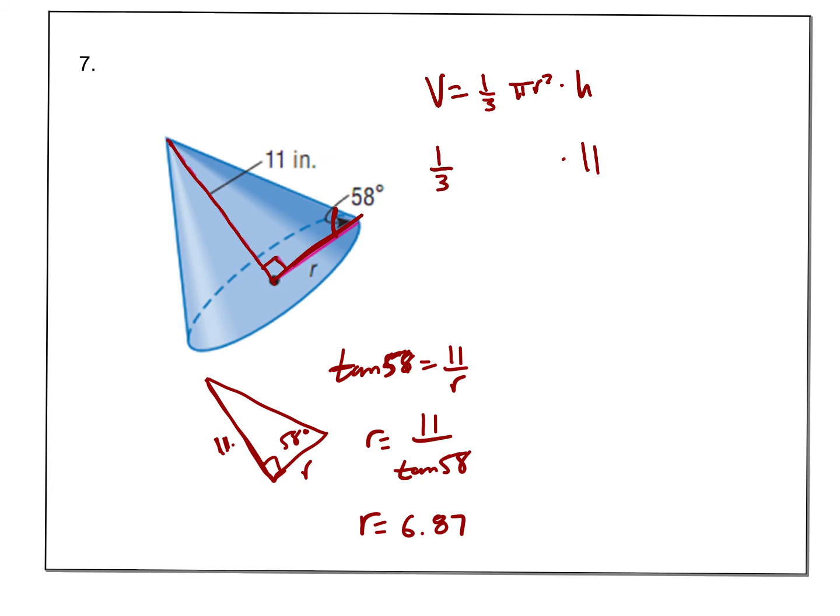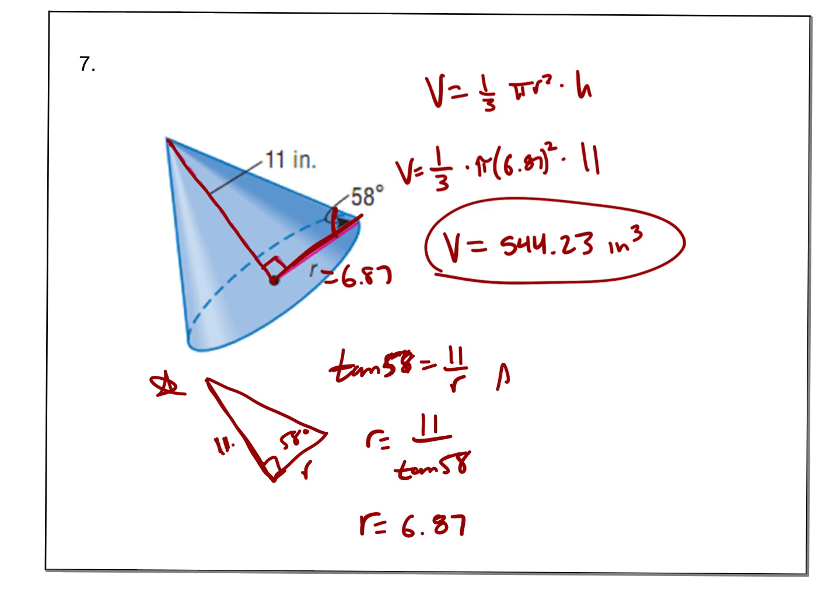Okay, so 6.87, that's my radius. So pi times 6.87 squared times 11 divided by 3, 544.23. That's my answer.